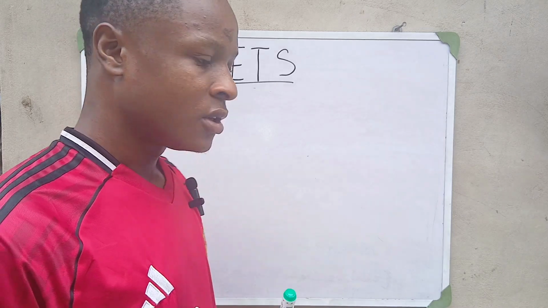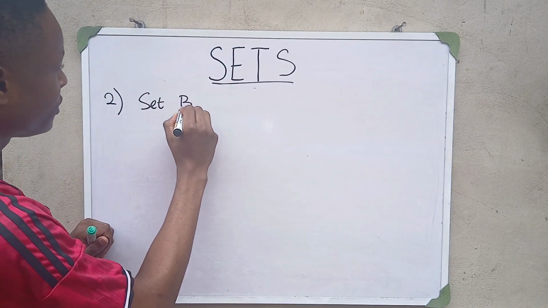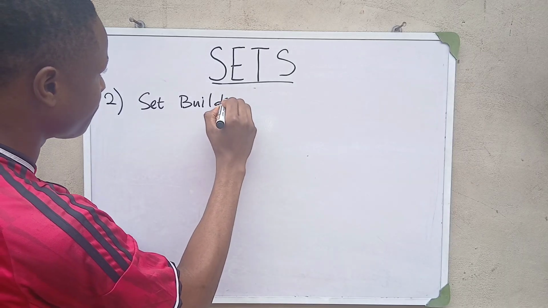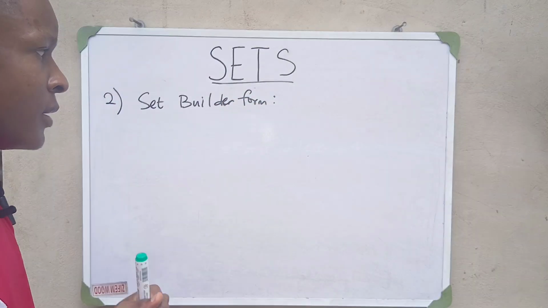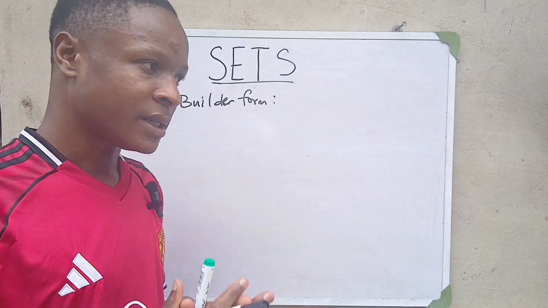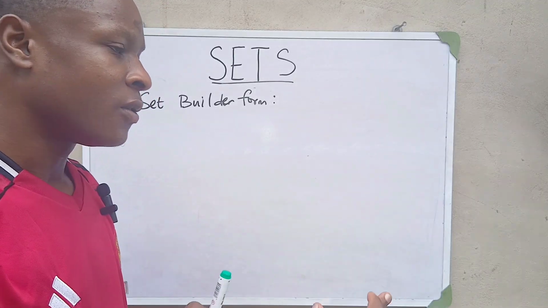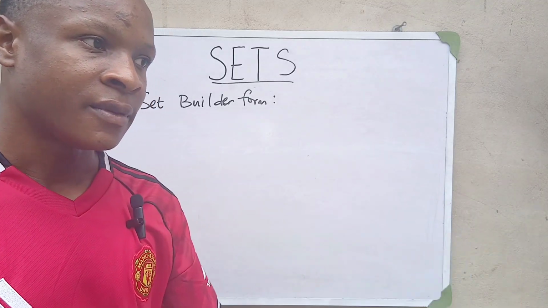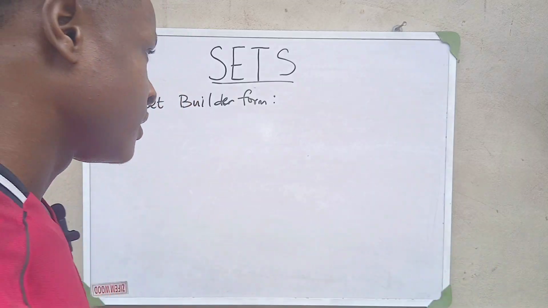The second set notation we have is called the set builder form. The set builder form is used when the elements of the set have a unique property. So what do I mean by this? Let's say we have a set of even numbers; being even is the unique property of the elements of that set.